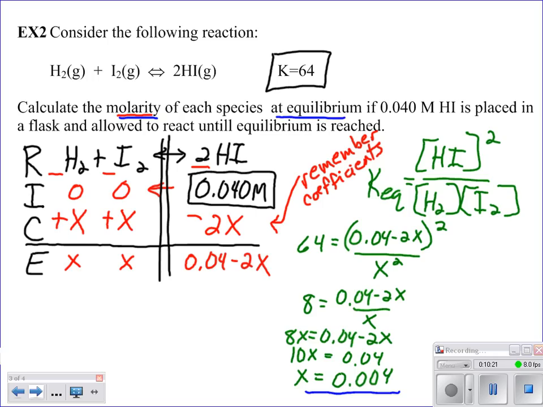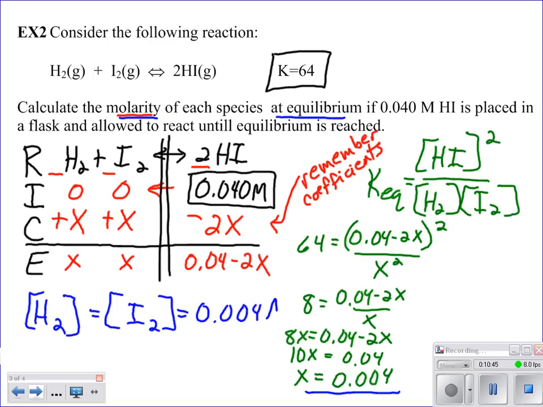So you have to take that value and plug it in. You've got to take your concentration of your H2, and that's equal to the concentration of your I2, which is going to be equal to 0.004 molar.